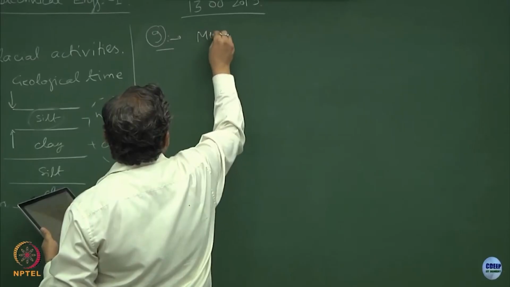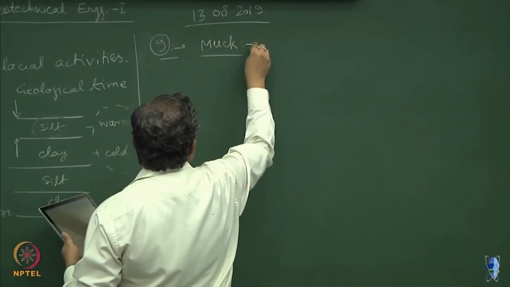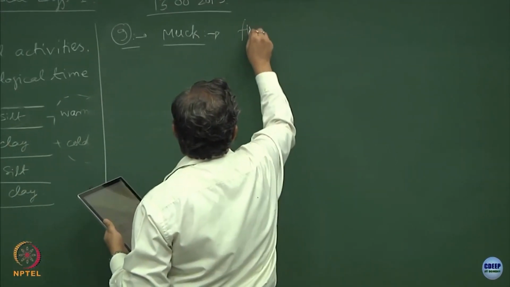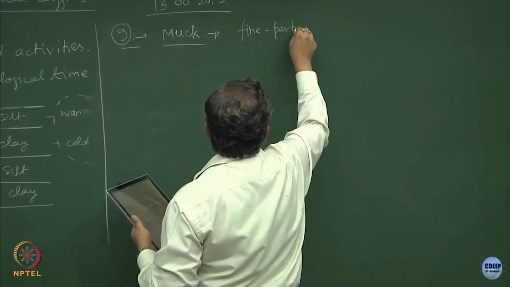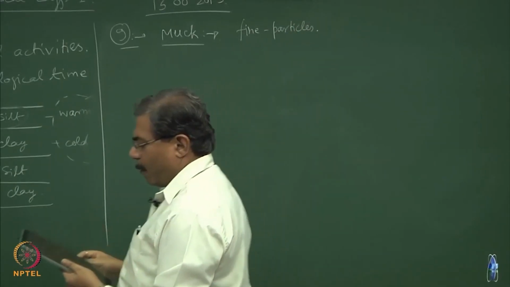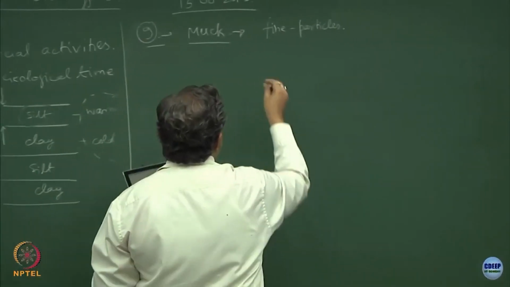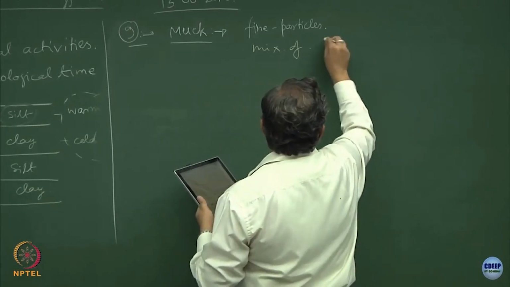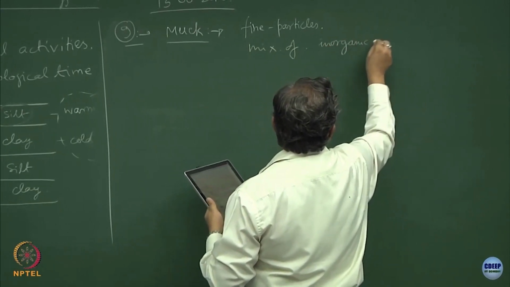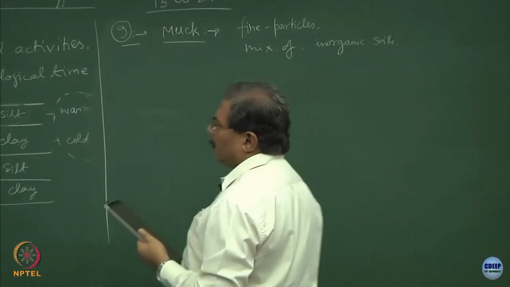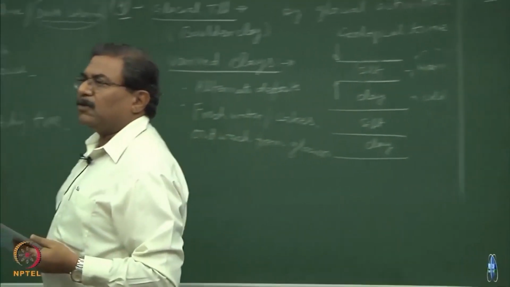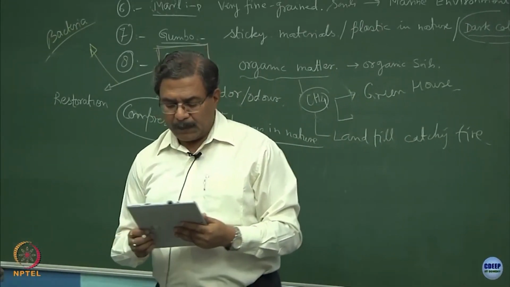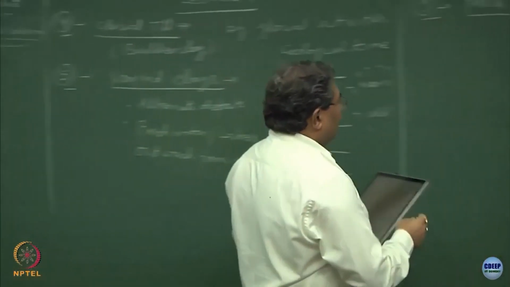So, another category is muck. These are basically fine particles, and this is the mixture of inorganic soils. See, muck is a term, normally we use it as a misnomer for slush, is it not? It is a mucky thing. Mostly these are black decomposed organic matter also.